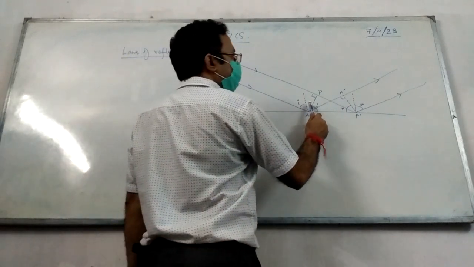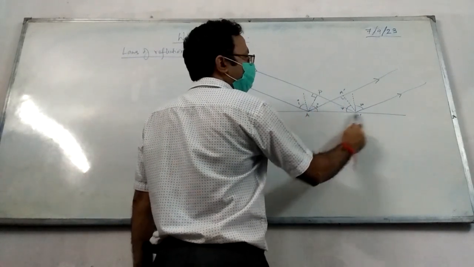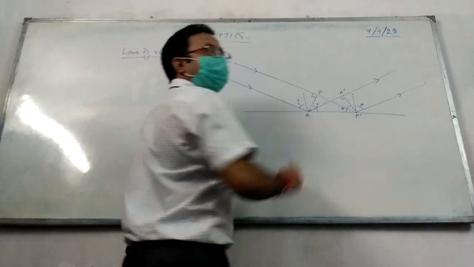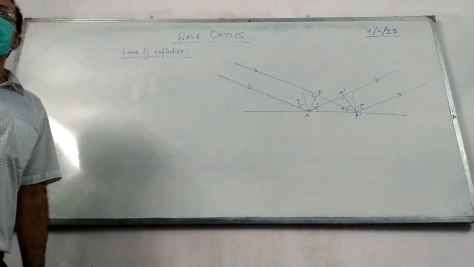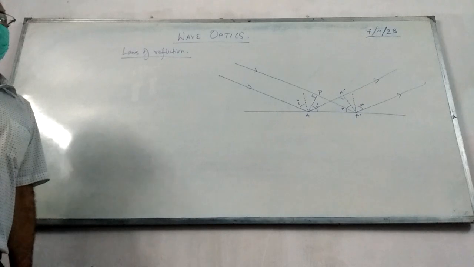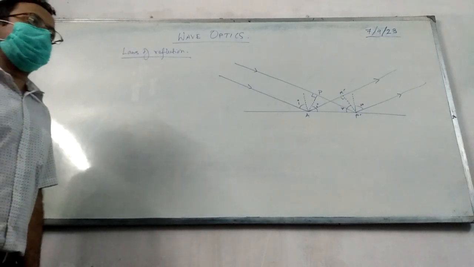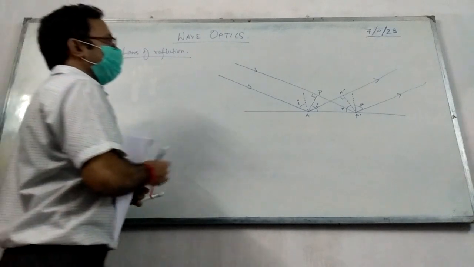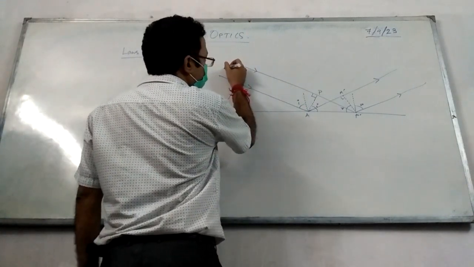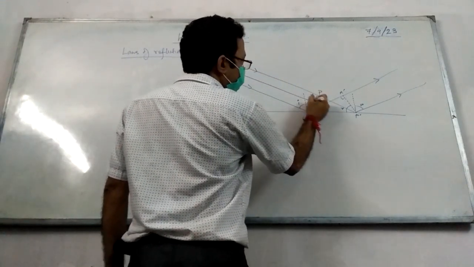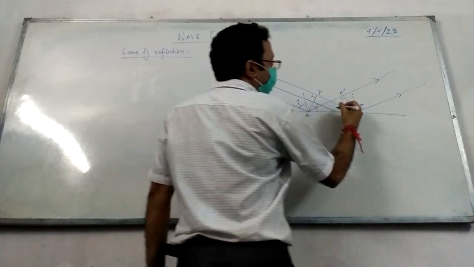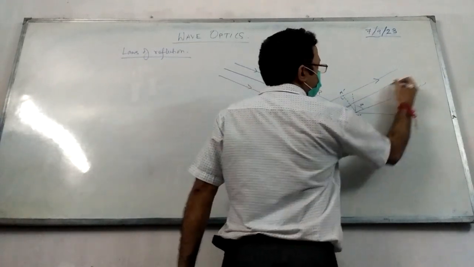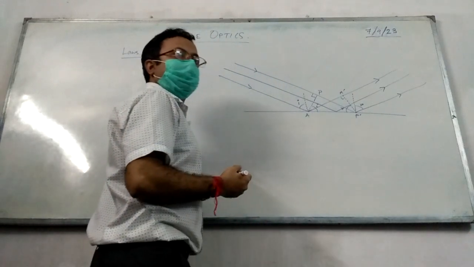Once you prove these two triangles as congruent, you can say these are corresponding angles of congruent triangles, and then say that they are equal. But I'll be using the NCERT method. Now, what is the NCERT method saying? It says that let us consider another wave which is traveling in between, and after incidence, it is getting reflected along the same direction.